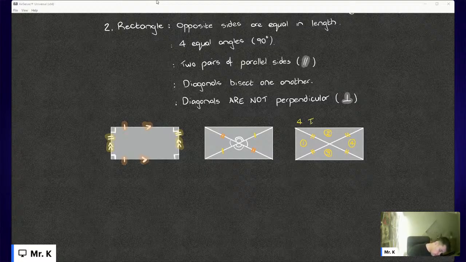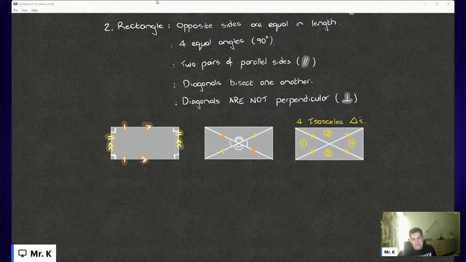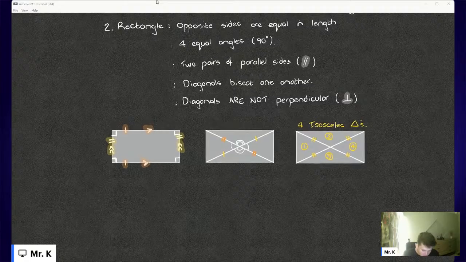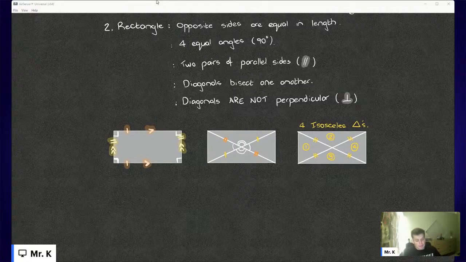Four isosceles triangles, right? That's a hint for when we do geometry at a later stage. This is why your understanding of these properties is so important. And yes, I know it's not the most exciting thing in the world, right? But this is where distinctions are made.